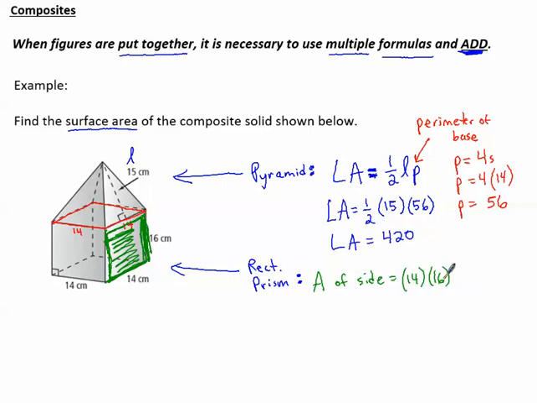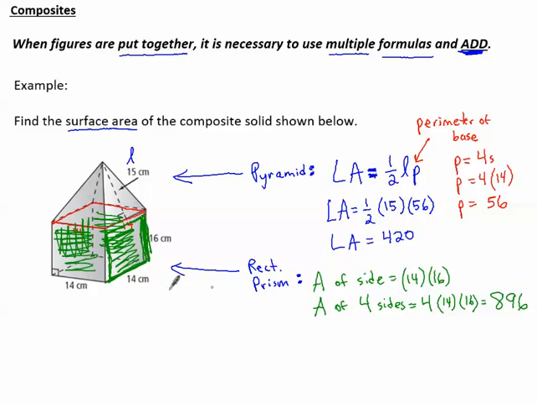Now keep in mind that it's not just this side, but it's also this side and the side on the left, and the side in the back. There are 4 sides to this rectangular prism. So the area of one side is 14 times 16, but the area of 4 sides will be 4 times 14 times 16. That's actually what we want, and that makes 896.